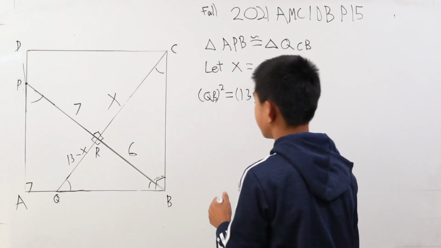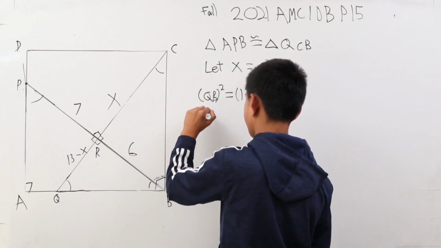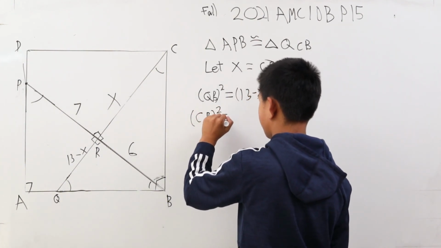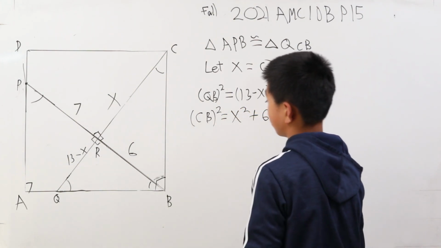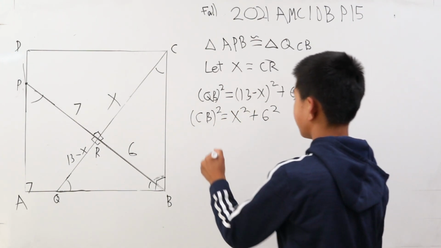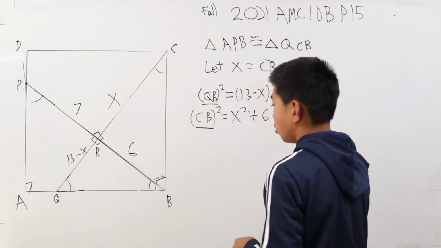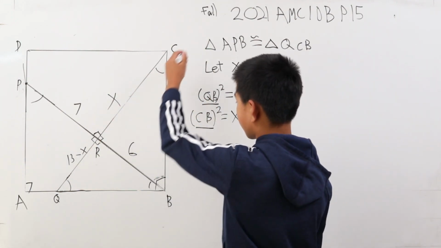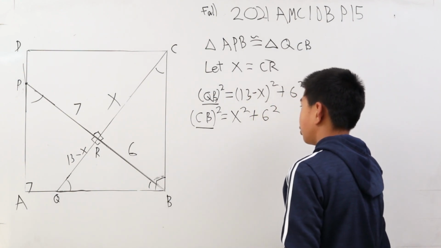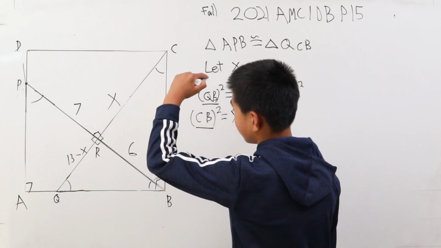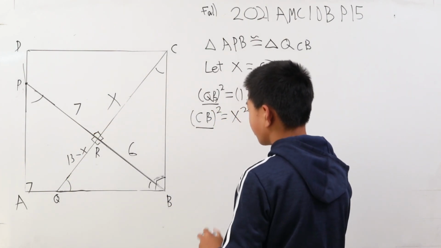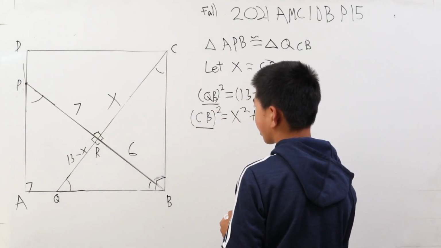Segment CB squared is equal to x squared plus 6 squared. And these segments, CB and QB, are all part of this one big triangle, QCB, where we can also use the Pythagorean theorem.